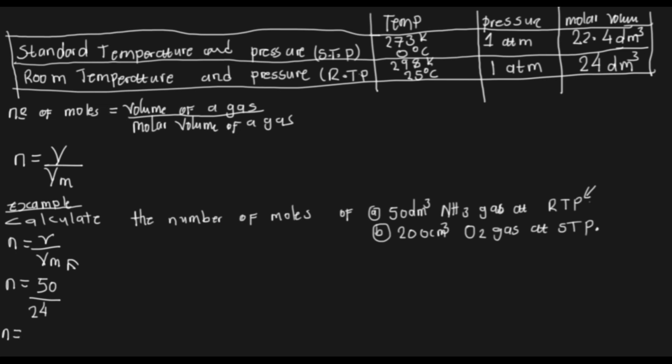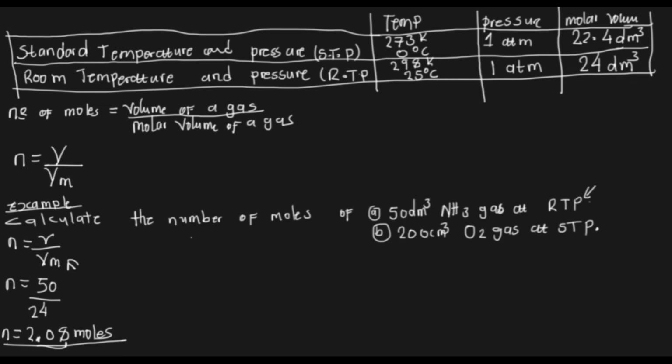So 50 divided by 24, we have 2.0833, so 2.08 moles. So this is how you can calculate the number of moles given the volume.